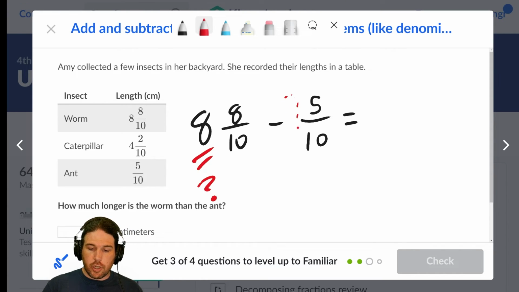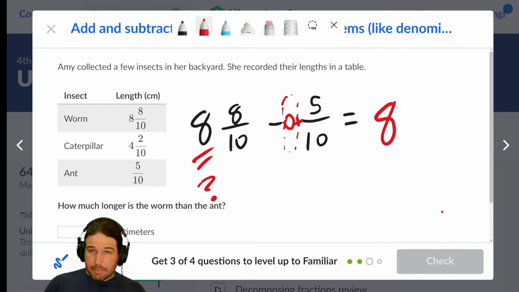There is no whole number that I can combine the 8 with. Well, technically there is. There is a 0 plus 5/10 there. We just don't write it because why would we? It just stays 8. Technically, it's 8 minus 0, right? The whole number in front of that 5/10 is 0 5/10. 8 minus 0 is 8.